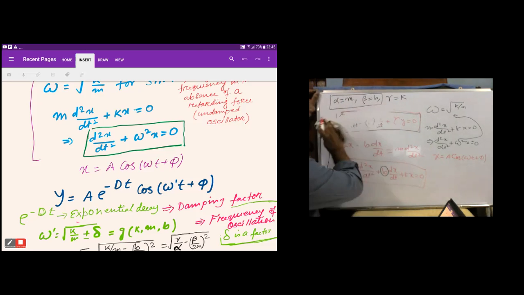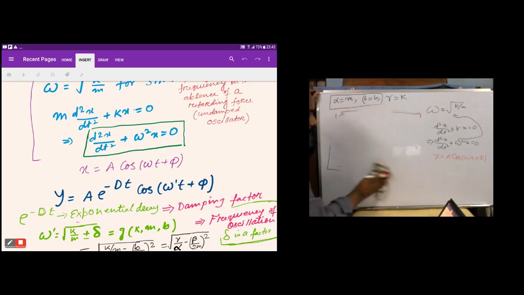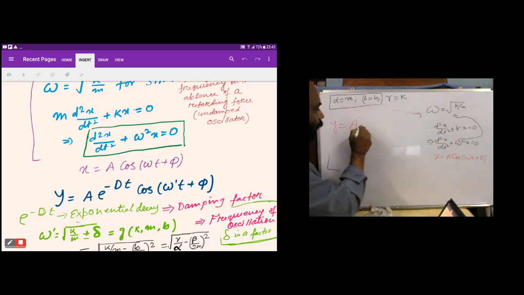Our solution should be like, since we are given in terms of y, y is equal to A cos omega t plus phi for simple harmonic motion, where omega is the angular frequency. Now we have a damping system, therefore our angular frequency will definitely be different. That is denoted by omega dash.